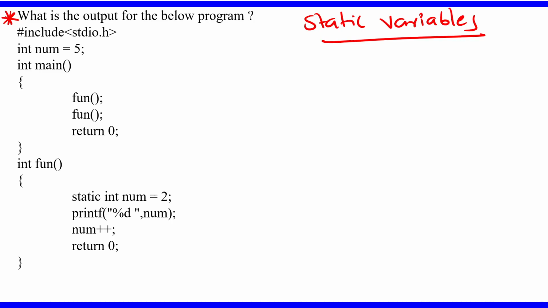2 and 6. See, num is a global variable and also it is defined as a static variable in the function fun.